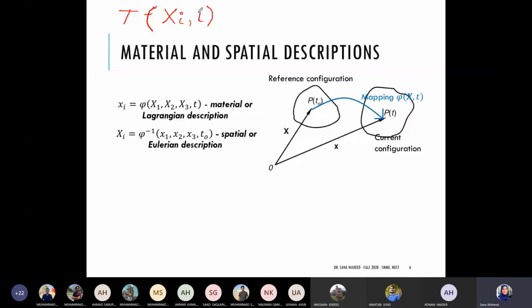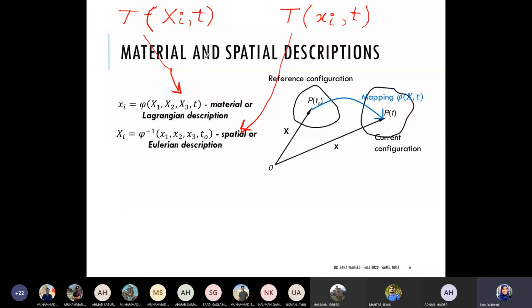But if I used my same temperature field, but instead use small x to describe it at any time t, then I'm using the spatial description. Okay. So it's just two ways to describe any physical property of a body or of a continuum.